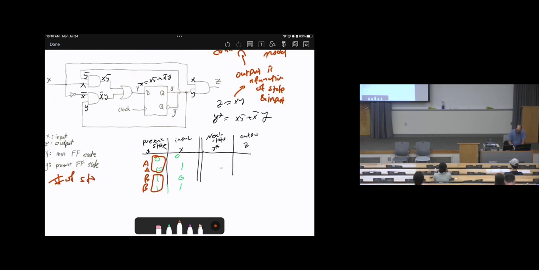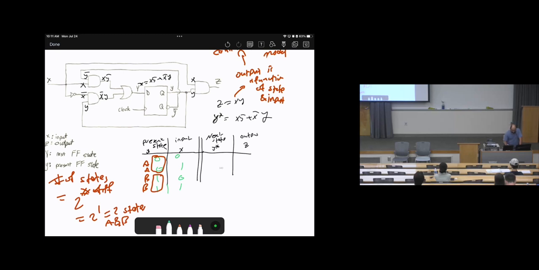Number of states equals 2 power number of flip-flops. So 2 power 1, which is 2 states. And these can be called A and B, as shown here. So 0 for state A, 1 for B.